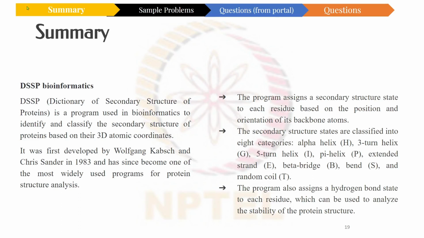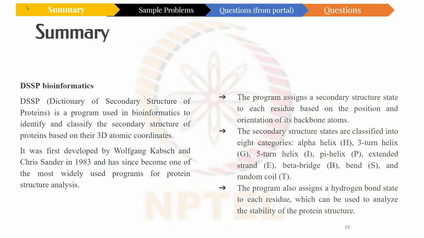DSSP works by analyzing the coordinates of each amino acid in the protein, which can then be labeled with the respective secondary structure codes. Here, the program assigns a secondary structure state to each residue based on the position and orientation of the backbone atoms.